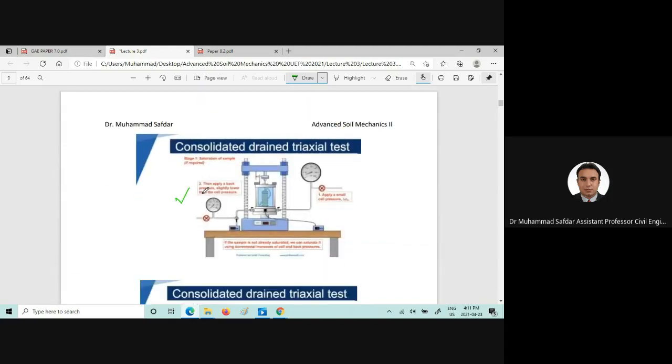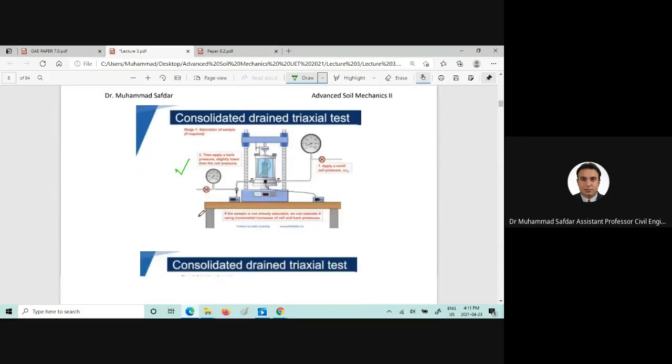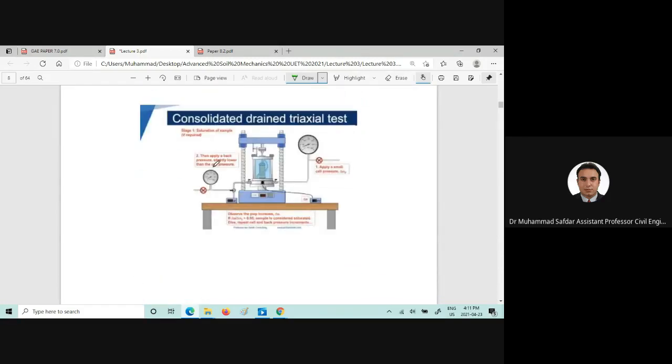Here it's given. You can measure the readings, for example, of the back pressure on this dial gauge and the cell pressure on this dial gauge, and in the figure as well, how much is the cell pressure and back pressure.